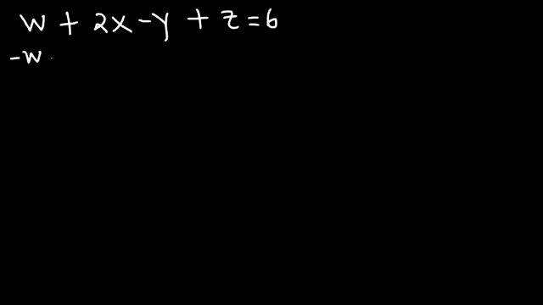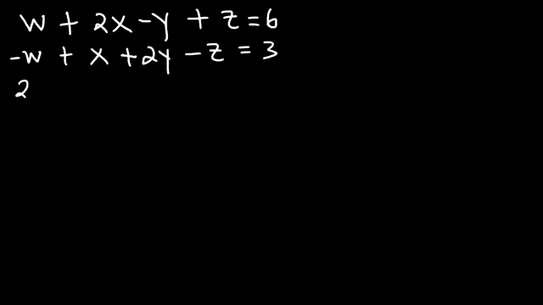In this lesson, we're going to use Gaussian elimination to solve a system of equations with four variables. So we're going to have w plus 2x minus y plus z, and that's going to equal 6. And then negative w plus x plus 2y minus z, and that's going to equal 3.